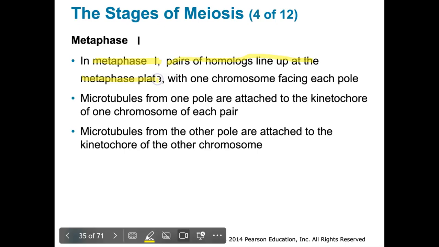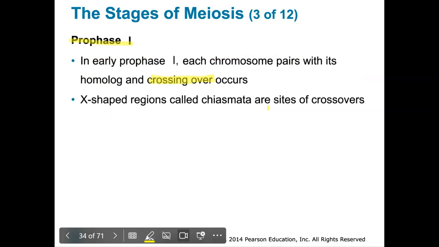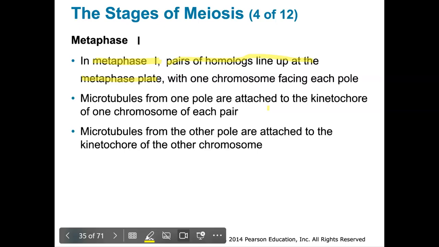And during metaphase 1, you have another event, which is not listed here, that contributes to genetic variety, and it's called independent assortment. So we're going to learn about how meiosis increases genetic variety. One of the things happens in prophase, it's called crossing over, and the other thing happens in metaphase.